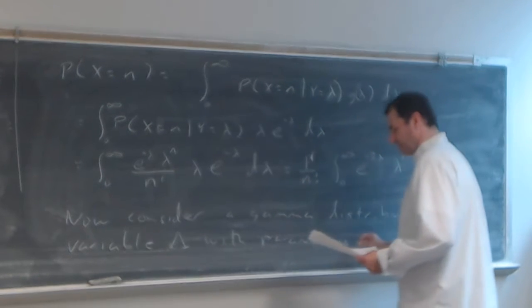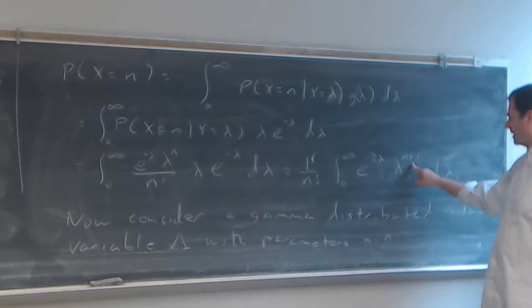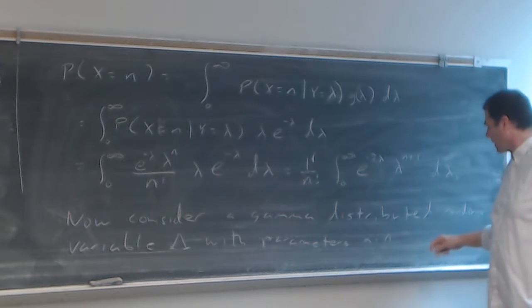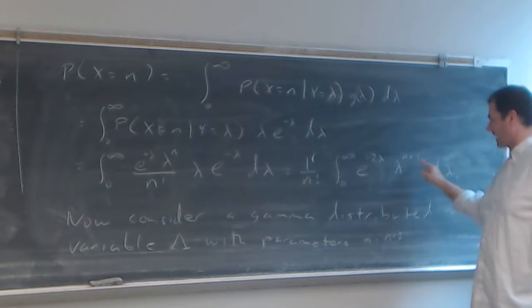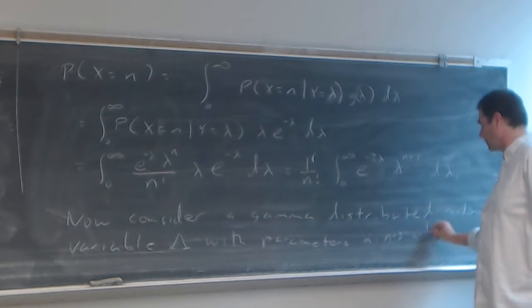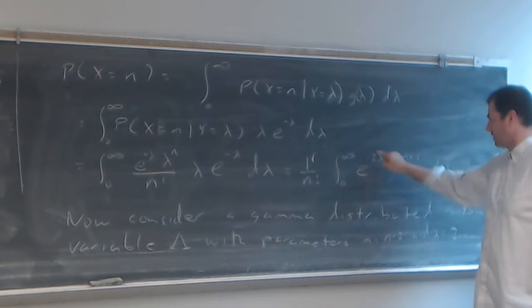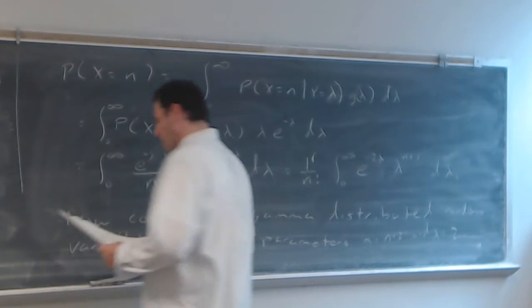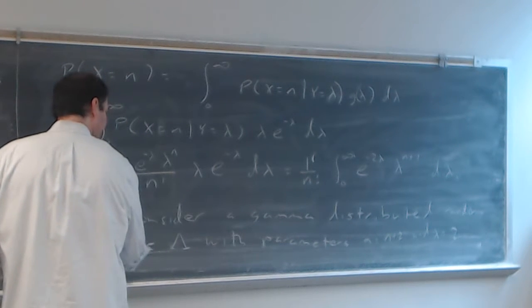Forgive me, the alpha is going to be equal to n. Usually the power for a gamma is alpha minus 1, so here this needs to be n plus 2, so that when I subtract one from it, I get that power. And lambda is equal to 2 here, where this is the variable of integration and this is the number up front, which is normally the lambda. So that's going to match that integral.